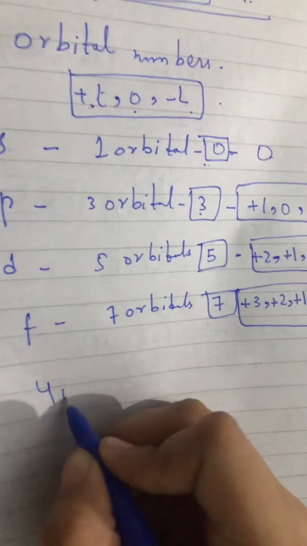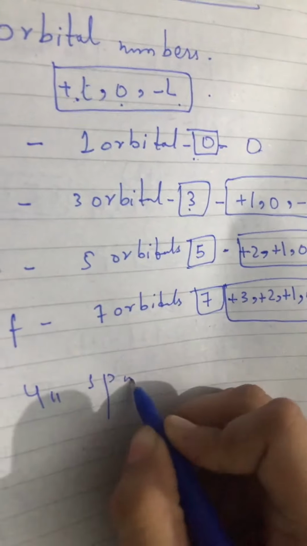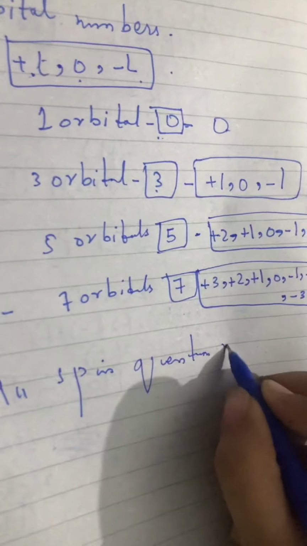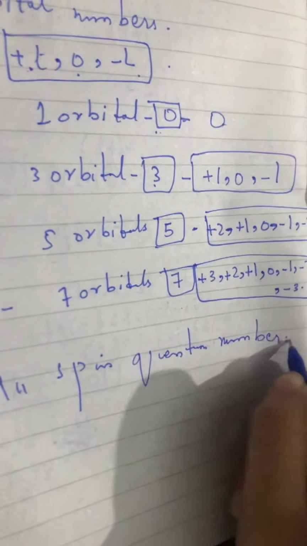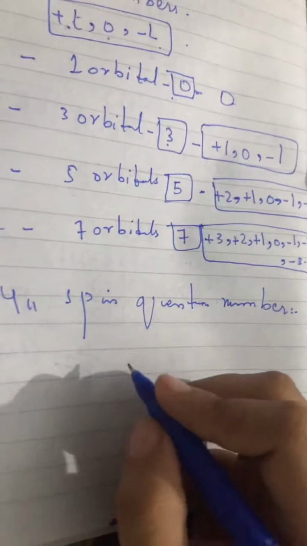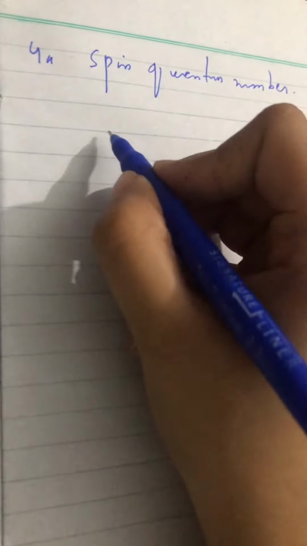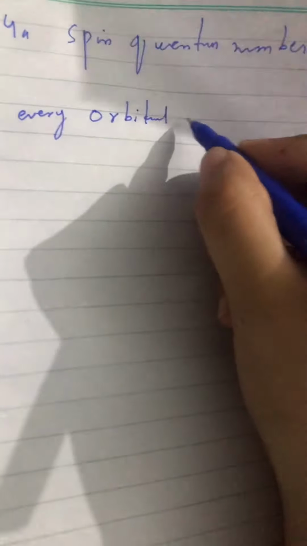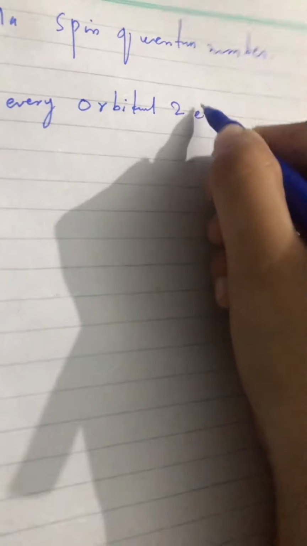Now number 4 is spin quantum number. What is spin quantum number? I will tell that in every orbital we are having 2 electrons.